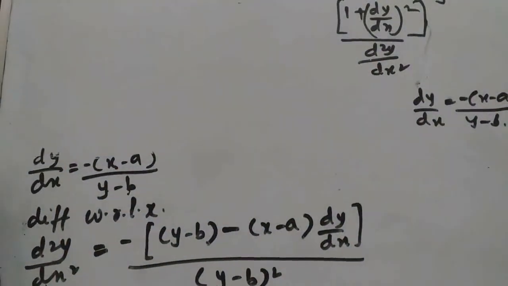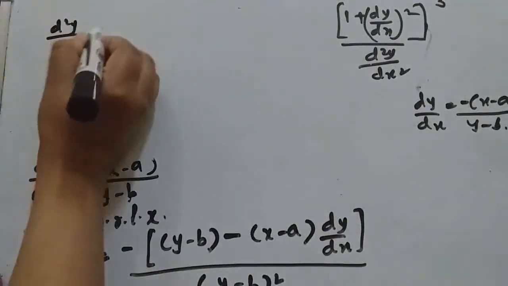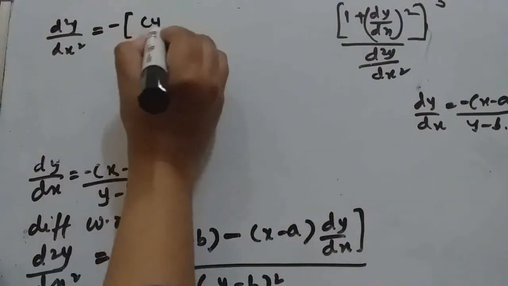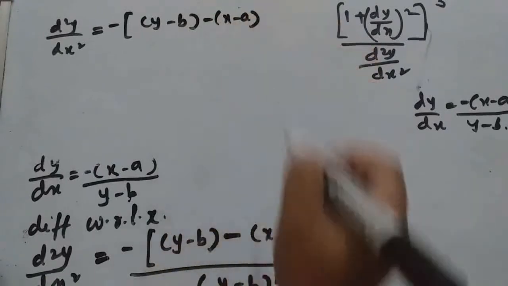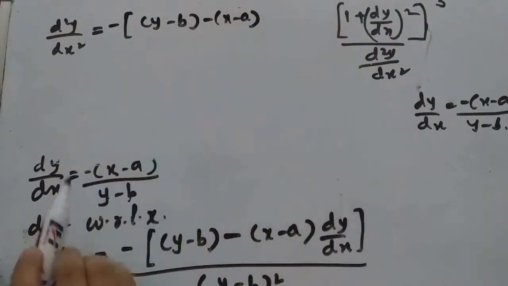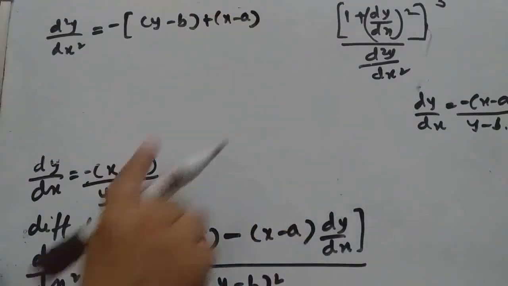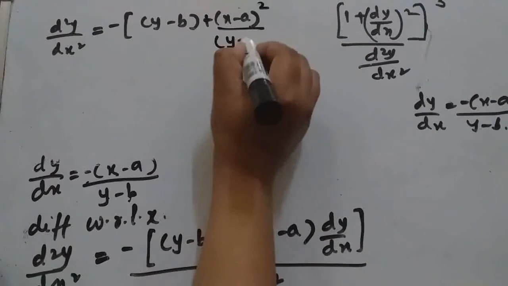Okay, so d square y by dx square will be, minus is already there, so that will become plus, and (x minus a) bracket is already there, again 2 bracket means bracket square.